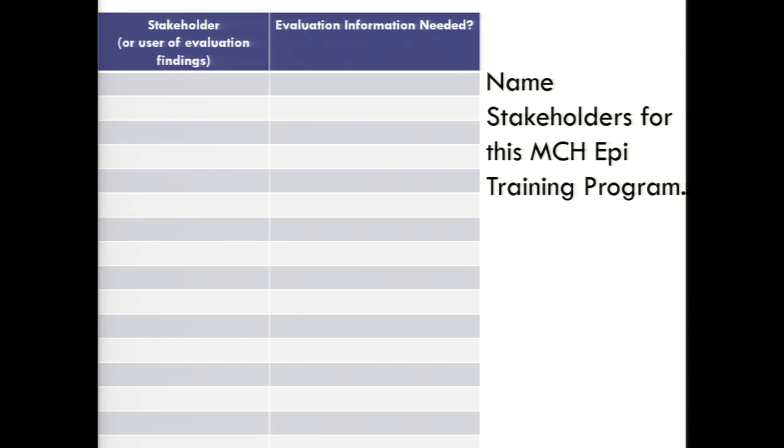If in fact we wrote back to them and said, we are evaluating this program, what kinds of questions would they hope to see on that list? So if you could just raise your hand. Yes. What new skills can we use day-to-day back in our home department? Okay, so what skills did trainees learn that would be directly applicable to their jobs?